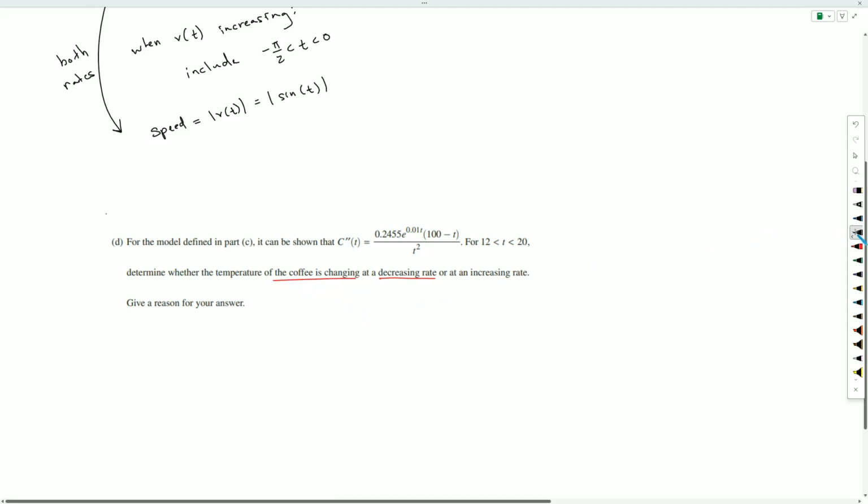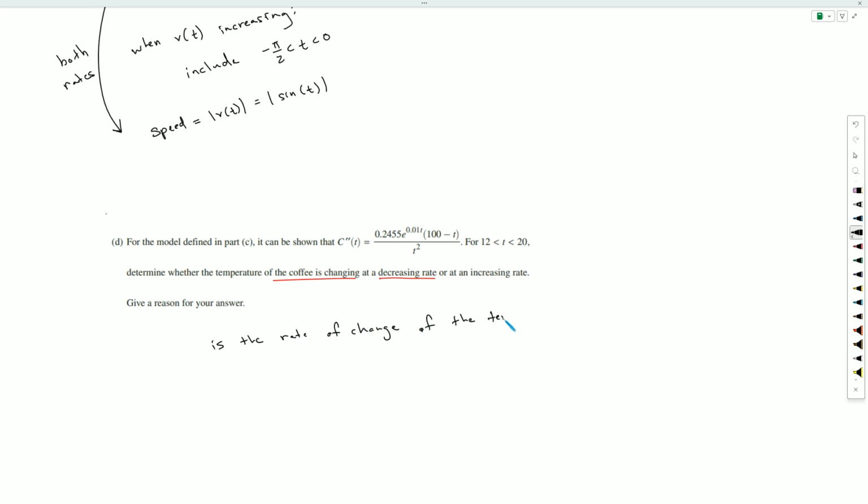That's the crux of this decreasing rate. So my argument is, if I ask you, is the rate of change of the temperature of coffee increasing or decreasing, then the answer, I think, ought to be simple.